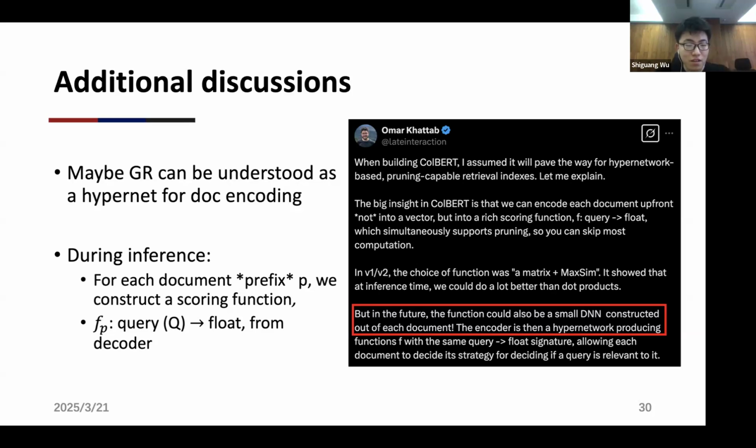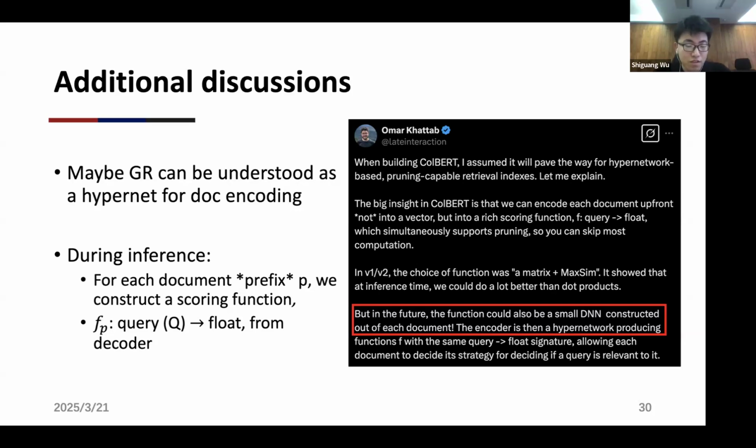I think during the generation at inference, for each document we have a prefix. What we generate for this document, we actually construct a specific scoring function for all documents with the same prefix. So if we change the prefix of the input, we get a different scoring function. So this decoder is a DNN, a hypernet for all documents.